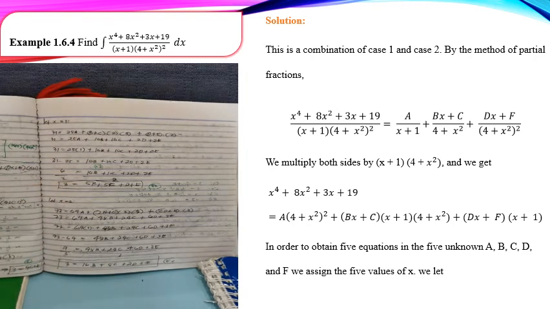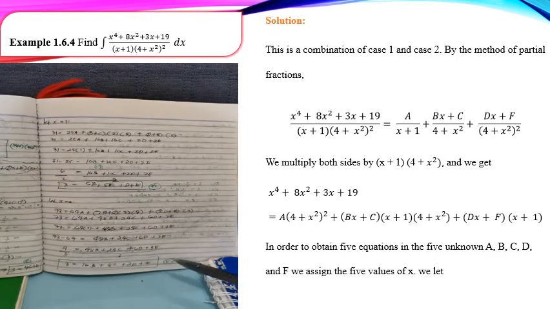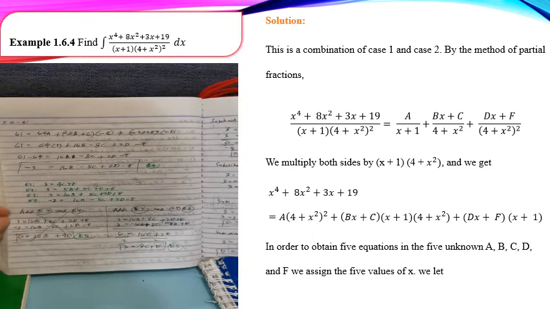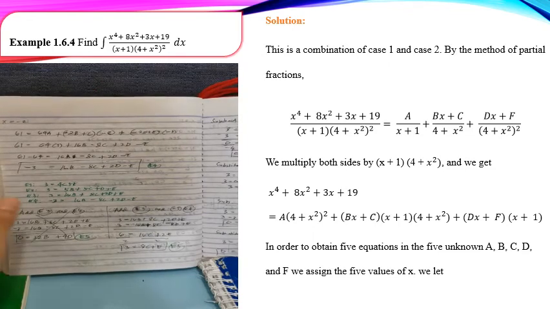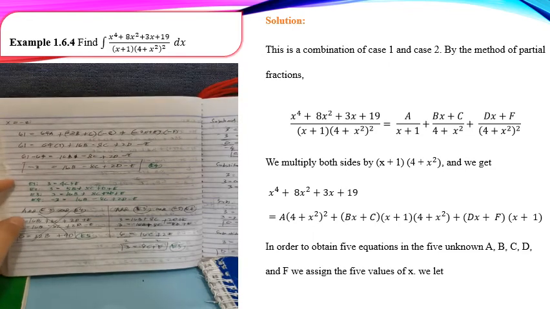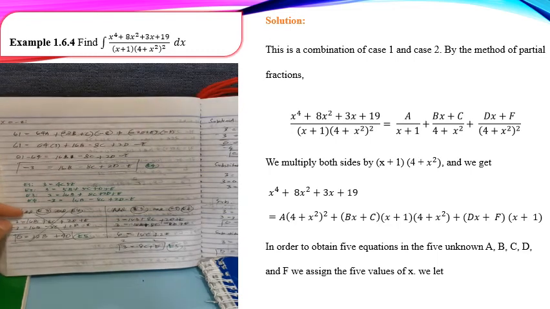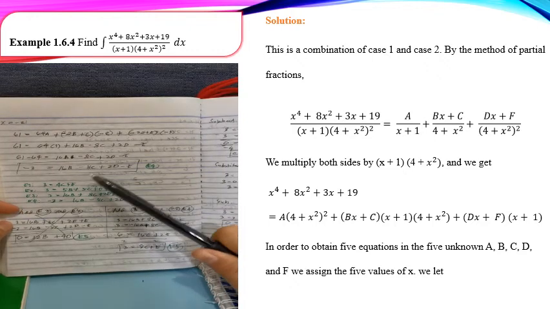And then, x is equal to 2: 3 is equal to 16B plus 8C plus 2D plus E. So, equation 3. Okay, for x is equal to negative 2, we obtain the equation negative 3 equals 16B minus 8C plus D minus E. So, the same process lang doon sa mga previous na pag-let natin ng x. Okay, ito yung na-obtain natin na apat na equation.